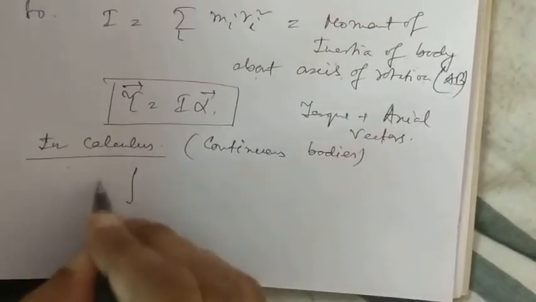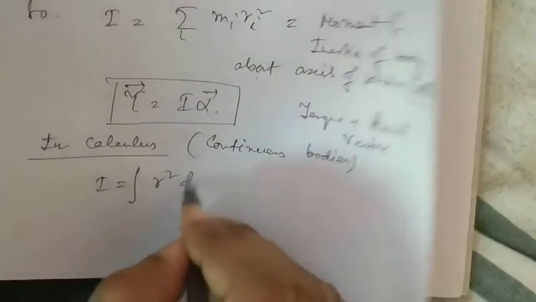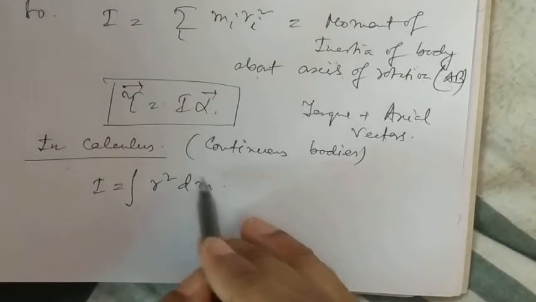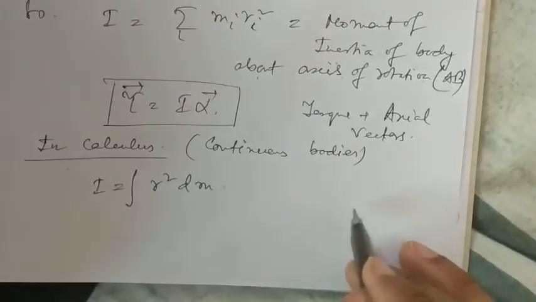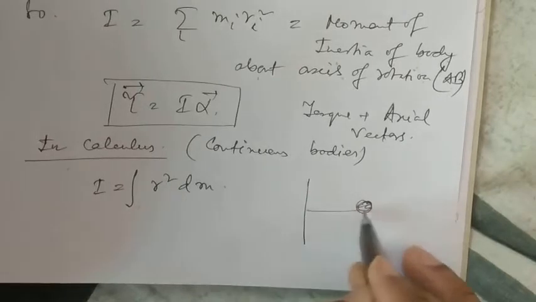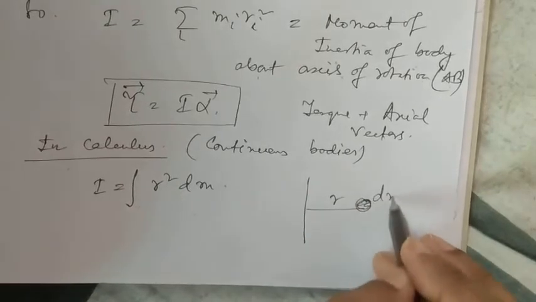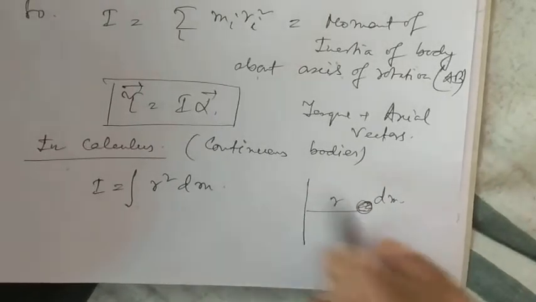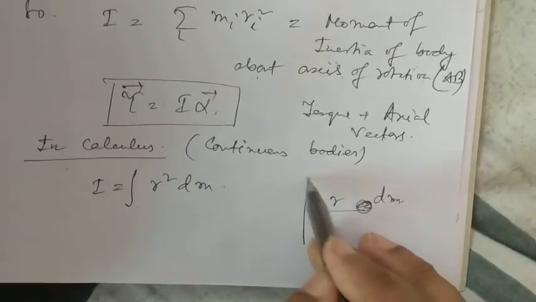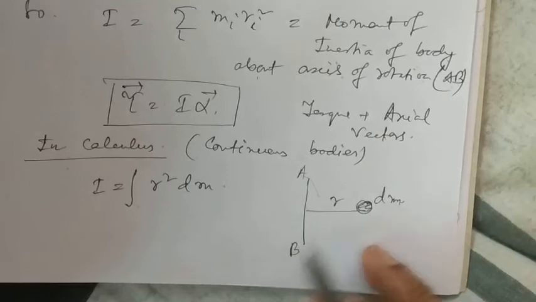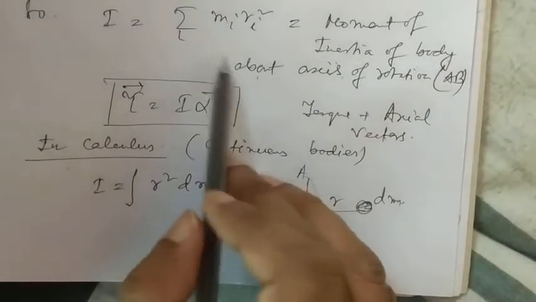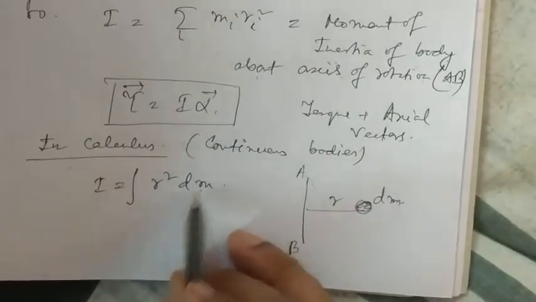We can write I is equal to the integral of r square dm. That means a small amount of mass dm, from the axis the distance is r. This is dm, this is the axis. The moment of inertia of this small mass dm with respect to the axis AB, or the rotation axis, is r square into dm, as m ri square. So m r square.